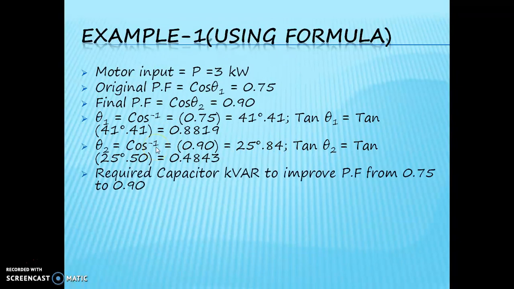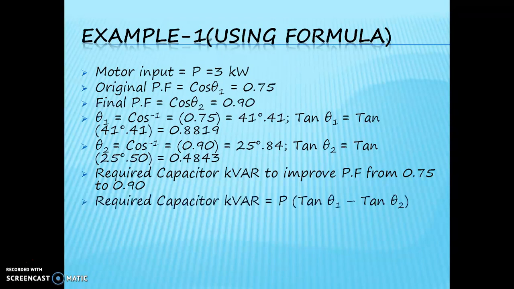Then we are going to substitute in the formula. The formula is: the required kVAR is equal to P into (tan theta 1 minus tan theta 2). Then you substitute these values. We know that the power P is 3 kilowatt.